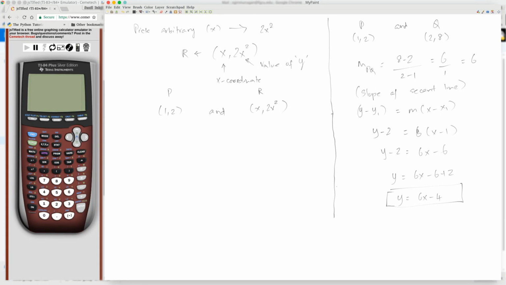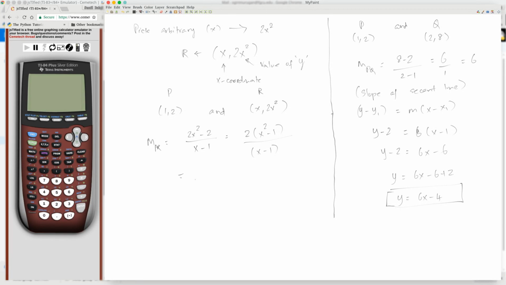Now, we want to find the equation of the tangent line. So to do that, I am going to find the slope of these 2 points: y2 minus y1, 2x squared minus 2, divided by x2 minus x1, so x minus 1, and the 2 in common, x squared minus 1 over x minus 1.